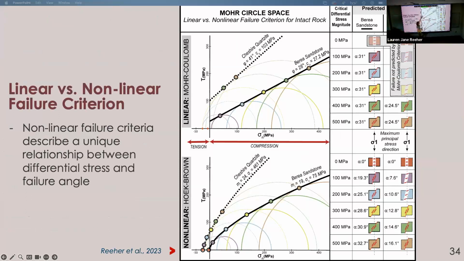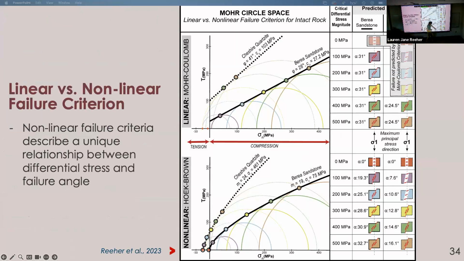So the upper part of this diagram shows the linear failure criteria for two different rock types, versus the bottom half, which shows a nonlinear failure criteria for the same rock types. These are both experimentally constrained failure criteria.